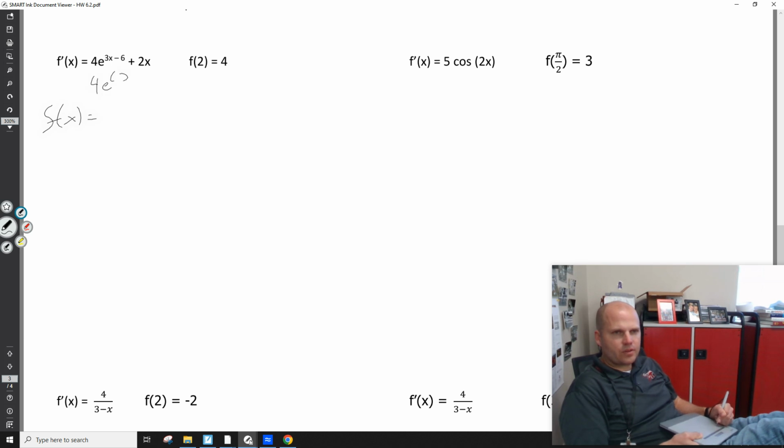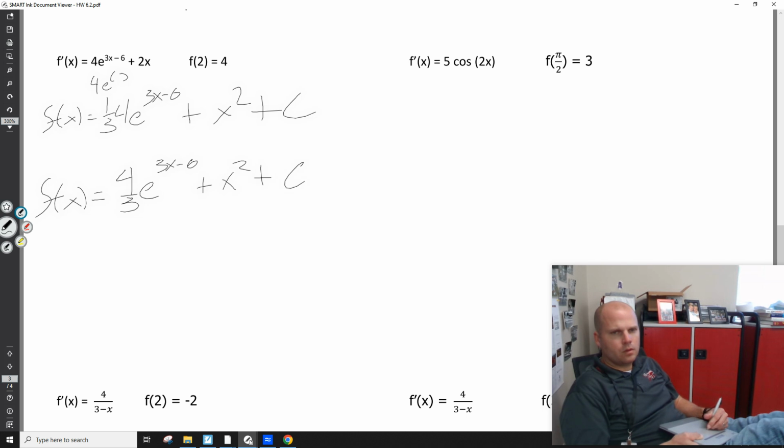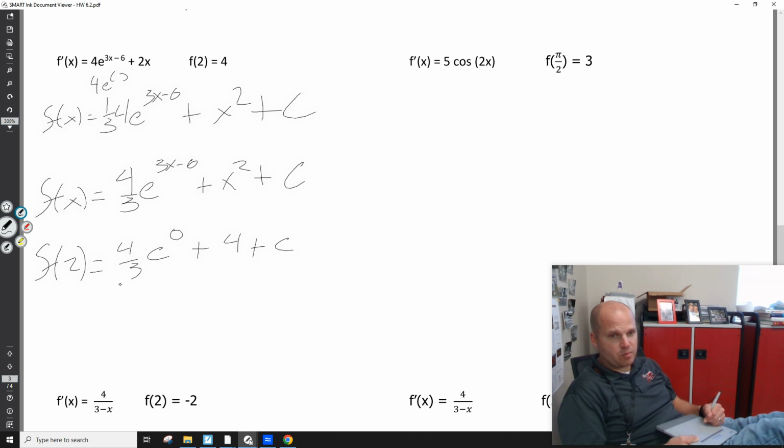I got 4e to the parentheses. Its antiderivative is 4e to the parentheses, undoing the derivative of the parentheses. This is a good one to do because in the last 2 lessons, more differential equations, your answer is an equation, and you will see e's in them, and e to the zeros in them, and you'll have to be okay with finding c.